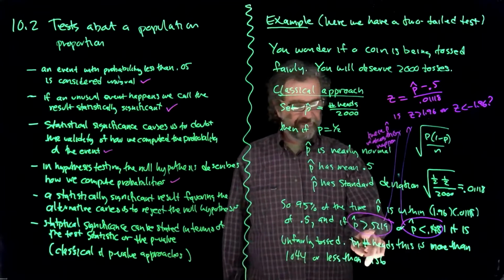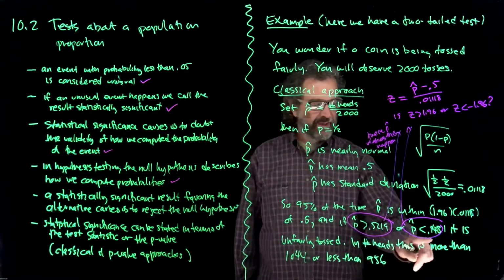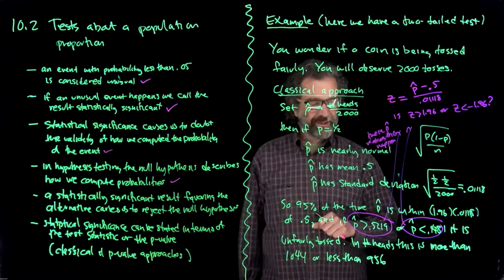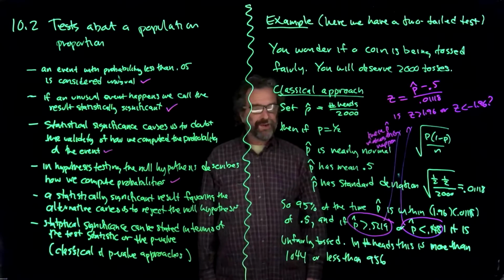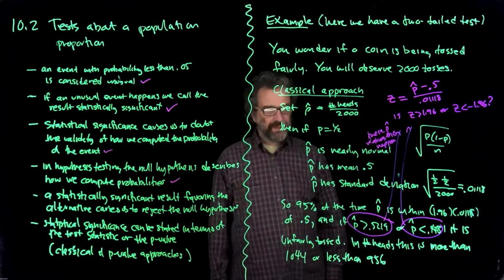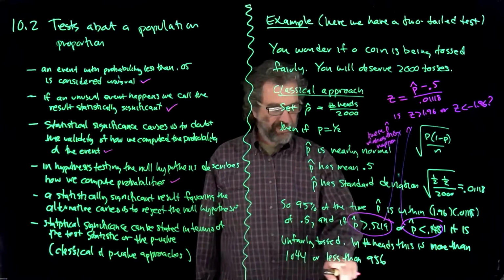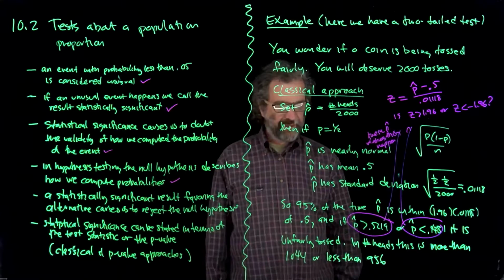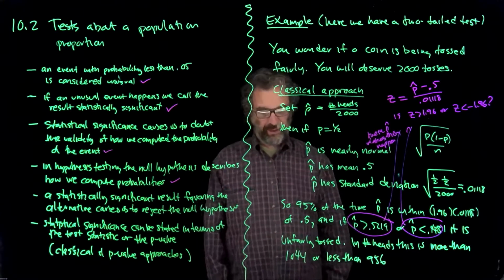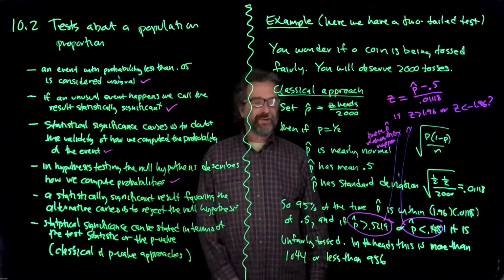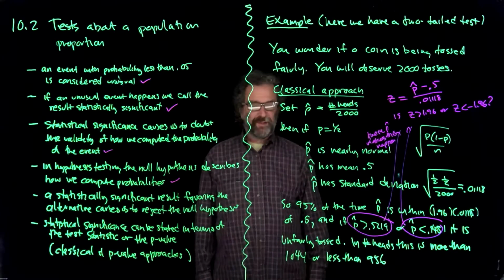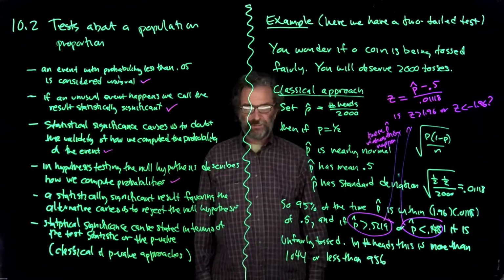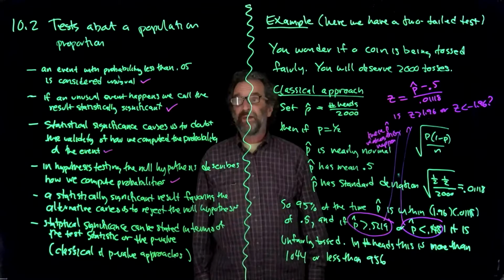So more than 52.19% heads or less than 47.81% heads would make us think the coin is unfairly tossed, because it's pretty hard to get that fraction by accident. In number of heads, this is more than 1,044 or less than 956. So more than 44 away from the center, which is 1,000. 1,000 plus 44 or 1,000 minus 44 is far enough away that it means the coin isn't being tossed where there's a 50-50 chance of having heads. You wouldn't see those kinds of values very often at all if it was 50-50.